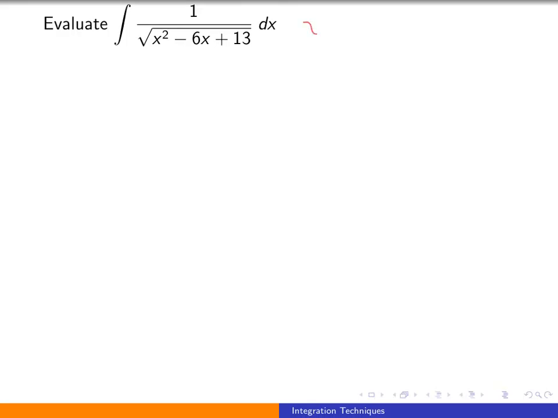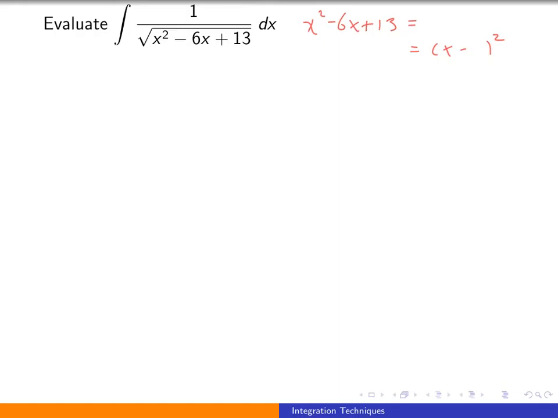So if we think of x squared minus 6x plus 13, I'm going to skip ahead to what I want this to look like. I want it to be x minus some number squared, and then plus or minus another number after.